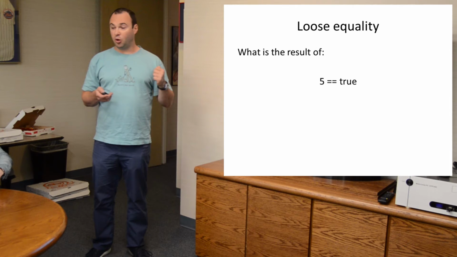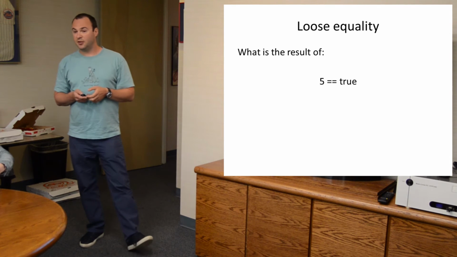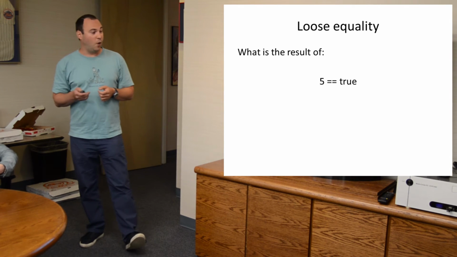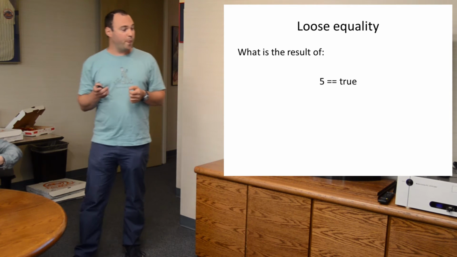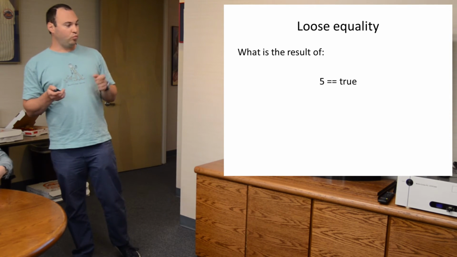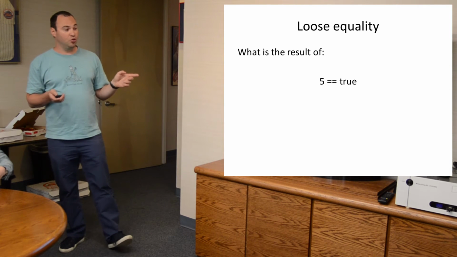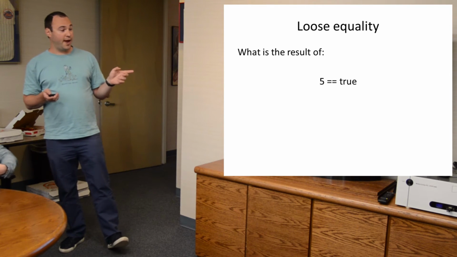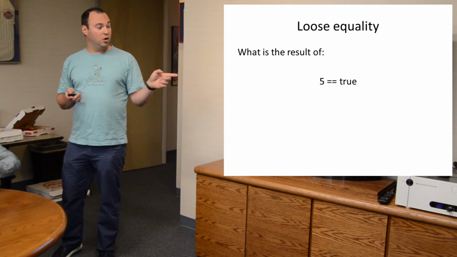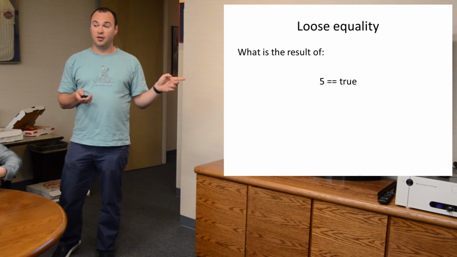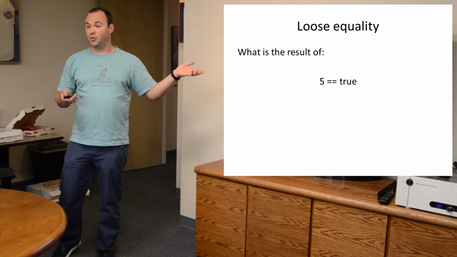Does anyone know what the result of this would be? True? It's actually false, because on a comparison like this, both are converted to numbers, and true is converted to a 1. So 5 doesn't equal 1.